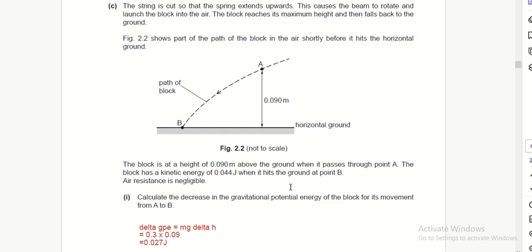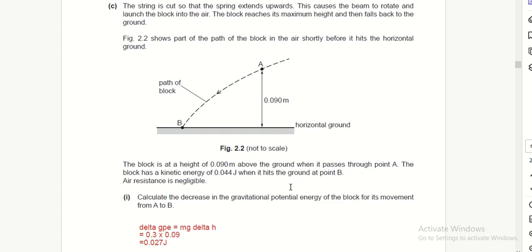The string is cut, the spring extends upward, the beam rotates, launching the block into the air. The block reaches its maximum height and then falls back to the ground. The figure shows part of the block's path before it hits the horizontal ground.